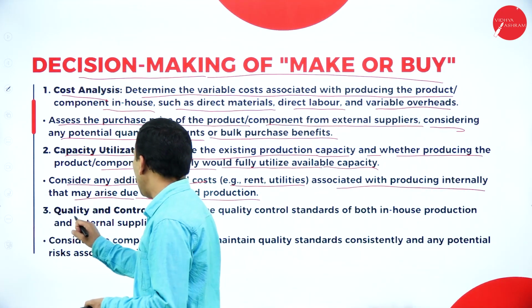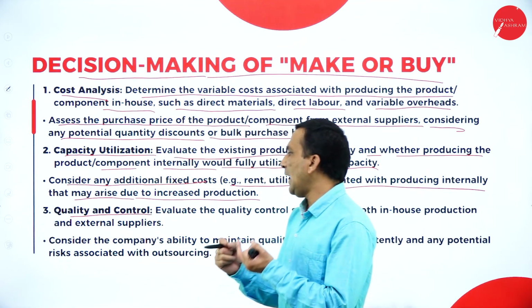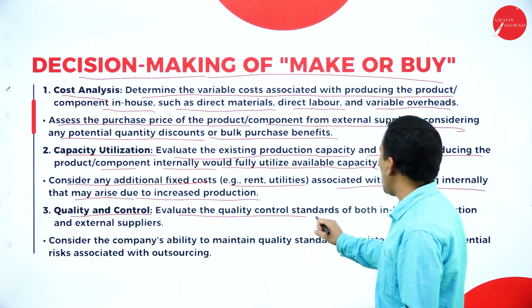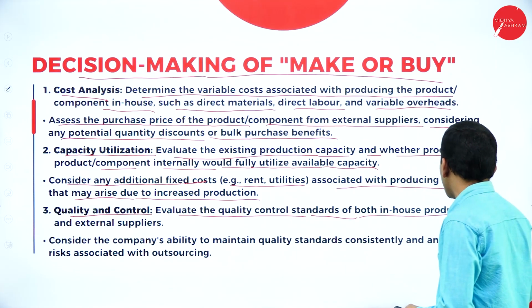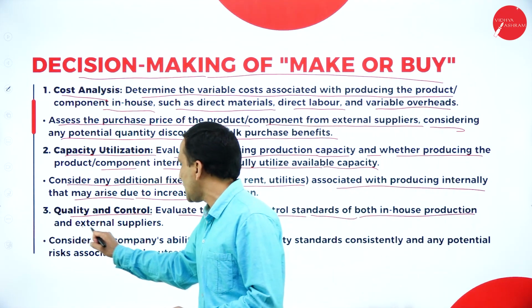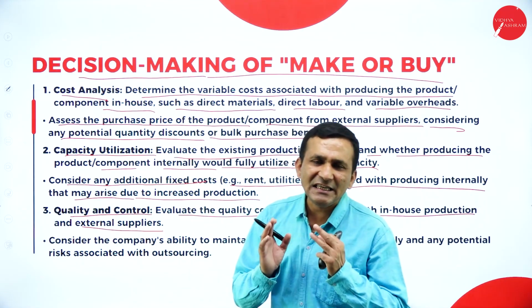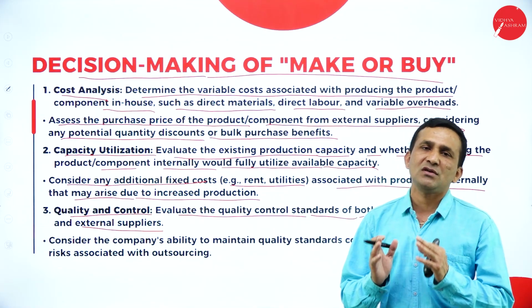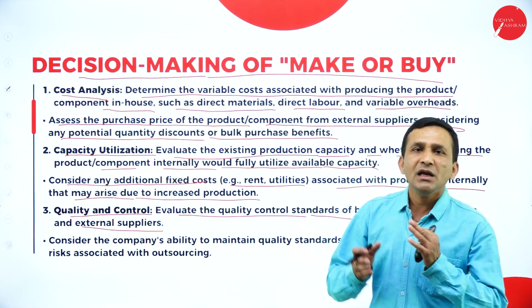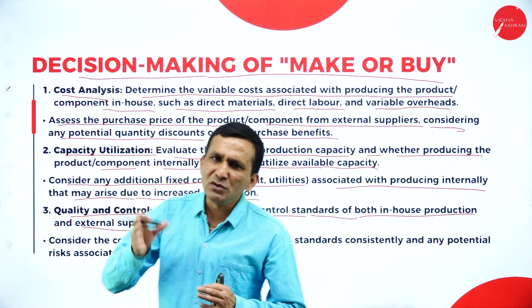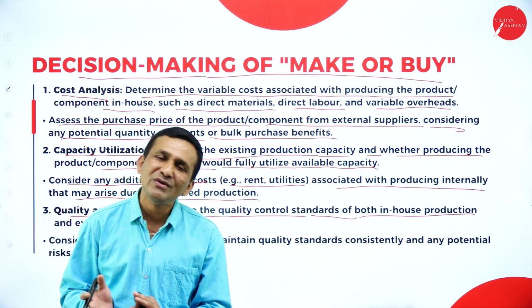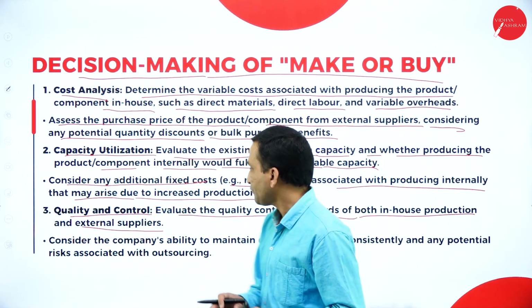Next one, quality control. Quality and control is very important. So evaluate the quality control standard in both in-house production and external supply. If quality is a very important matter here, and the quality is good, of course the customers are ready to accept. If the supplier is ready to supply the same product but the quality is not up to the standard, we won't accept it here.